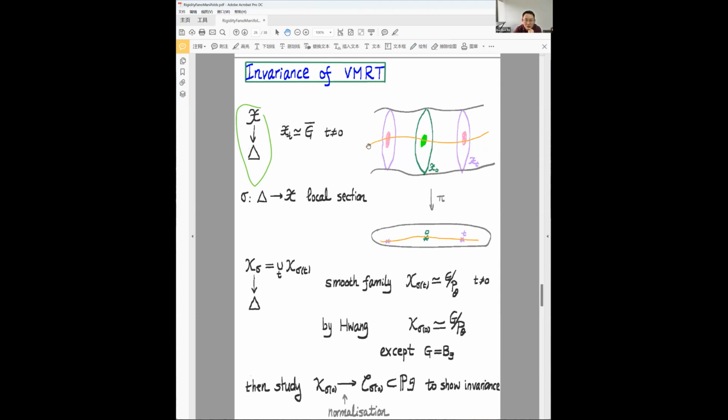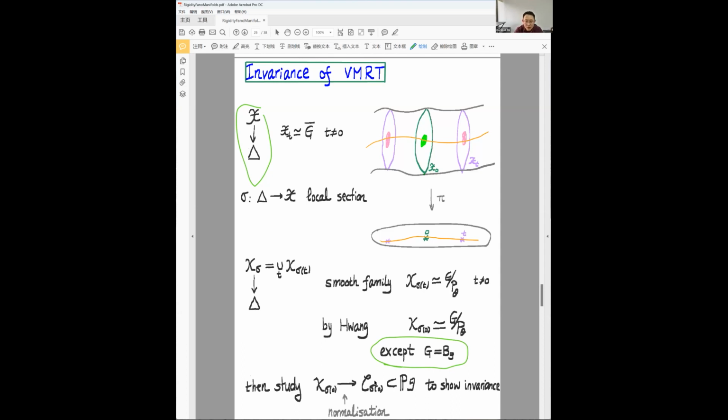Then you take a local section of this deformation, and you get the deformation of this VMRT. And then by Hwang's theorem or by Hwang-Mok's theorem, you know the Fano product varieties are rigid under this deformation. So you see the central fiber is also isomorphic to this Fano contact, except this B3 case.